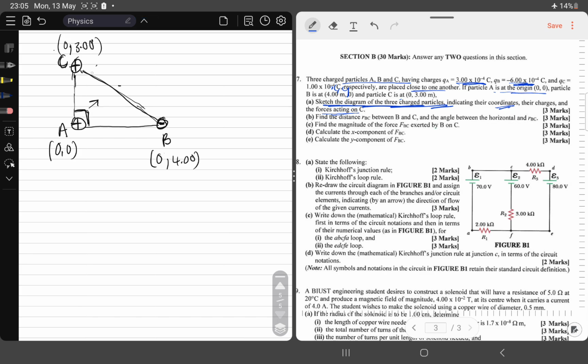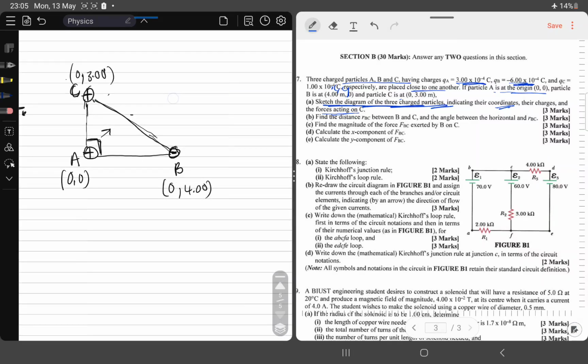And then the forces acting on C. My particle of interest is going to be C. I'm going to put the coordinates somewhere safe here, like 0, 3.00. Now the forces acting on C. Since A is positively charged, it is pushing C away, so this is the force on C by A. Then B is negatively charged, so it is pulling C towards itself.